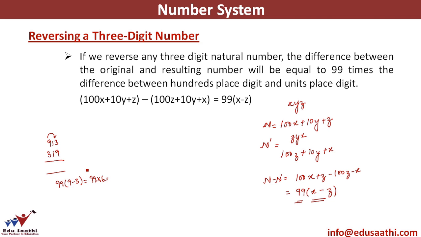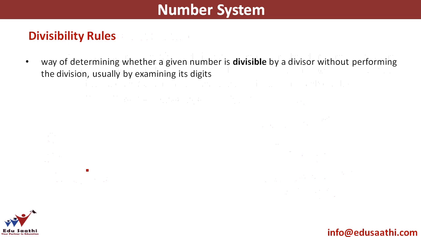Let's move ahead and look at divisibility rules. Divisibility rules are a way of determining whether a given number is divisible by a divisor without actually performing the division. Usually it is done by just examining the digits of the given number. It is a very easy way to find whether a given number is divisible by a divisor or not, rather than wasting time in actual calculation.